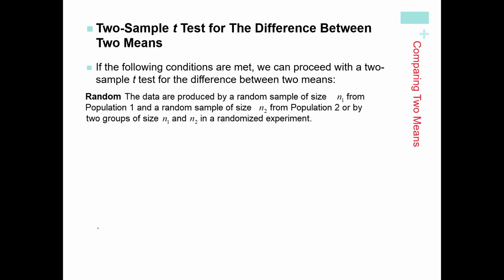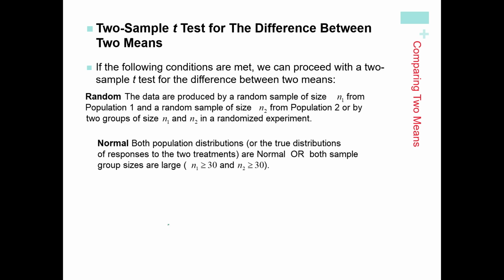The other thing is that in this chapter, more and more, we're going to see randomized experiments instead of observational studies. So if it is an experiment, you want to see that participants were randomly assigned to groups, rather than randomly sampled from a population.